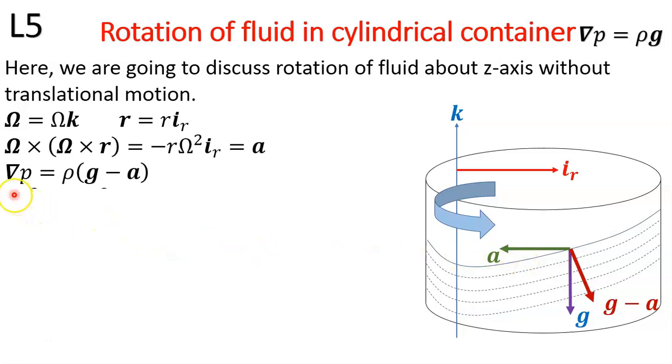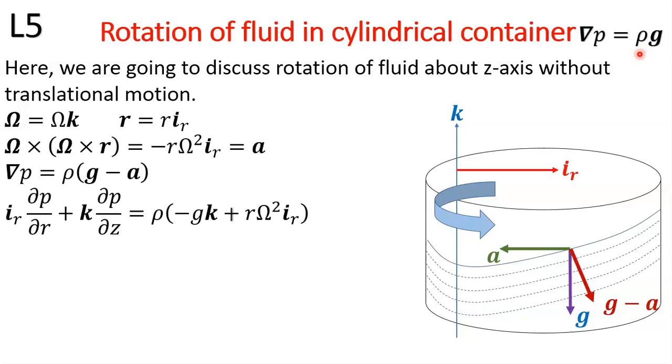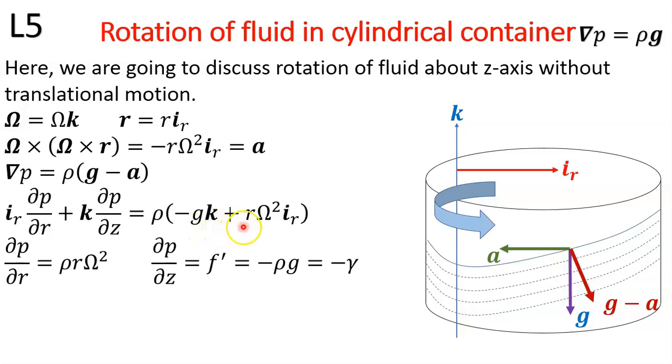Now our hydrostatic equation for accelerated motion: gradient of pressure is equal to rho times g bar minus a bar. The basic equation being gradient of pressure is equal to rho times g bar. Now we shall explicitly write the del bar operator here: i_r cap into del P by del r plus k cap into del P by del z is the gradient of pressure, that is equal to rho times minus g k cap plus r omega square i_r cap.